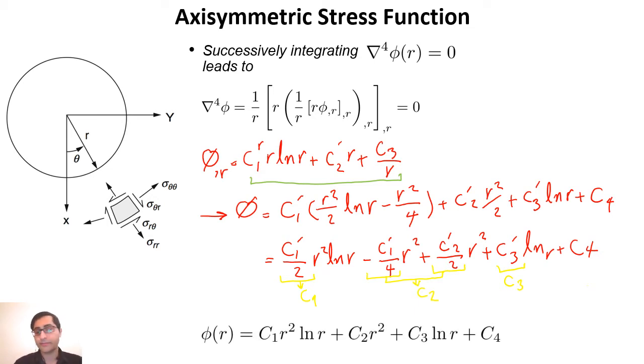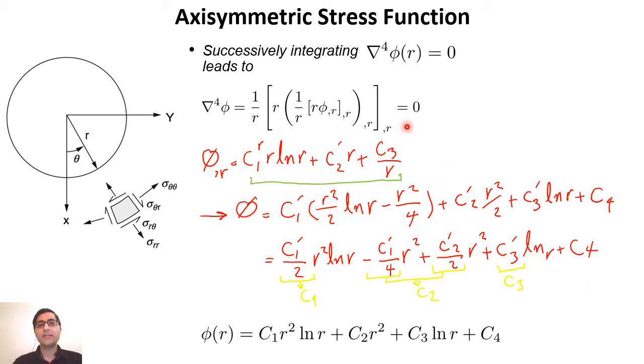As a result, for our compatibility equation, the integration resulted in an analytical solution for φ. So it basically says that for the compatibility equation to be satisfied in the axisymmetric case, the Airy stress function should have this format with c1, c2, c3, and c4 constants, being a function of r with an r squared ln of r term, an r squared term, and a ln of r term.